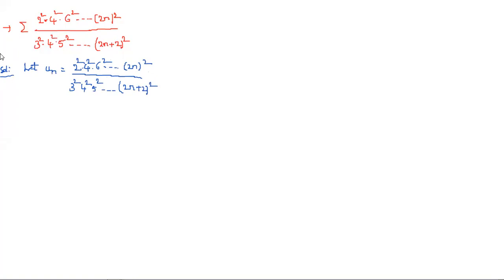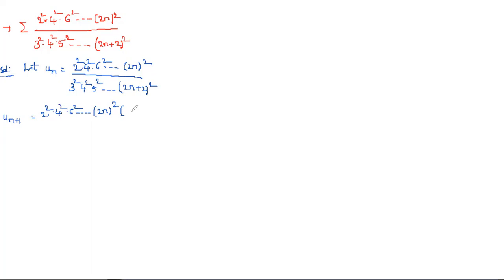Now un plus 1. So un plus 1 is equal to, simply what will we get? 2 square and 4 square, 6 square and so on. In place of n, we have to substitute n plus 1.